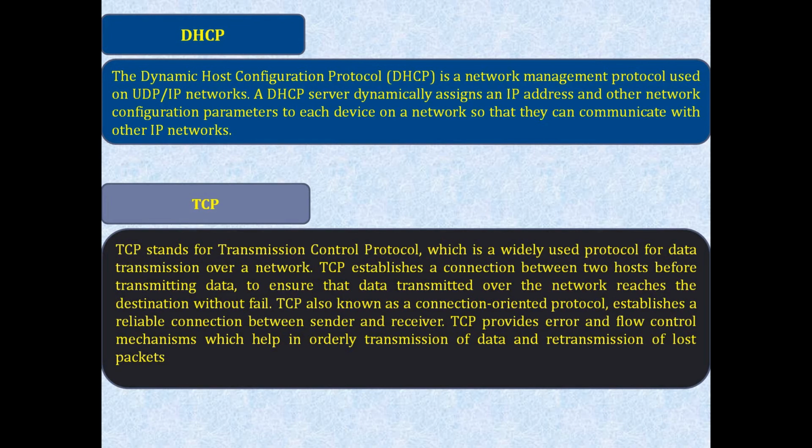It means if you are downloading data from a server to your system, in the TCP protocol, first it will send a request to that server, and after receiving the acknowledgement from the server, the server will send one request to our system.